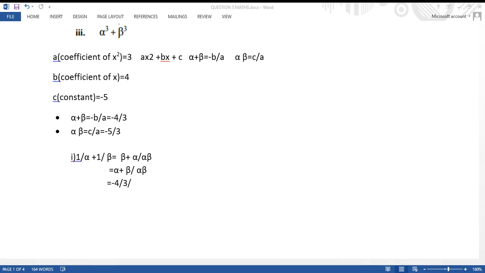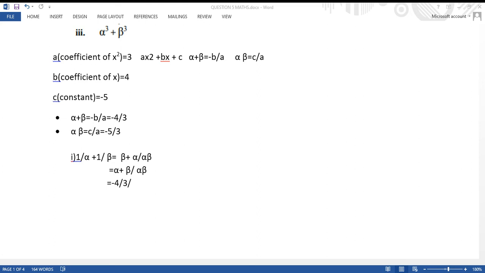All right, so we have negative 4 over 3 divided by negative 5 over 3. Just rearrange them as you're dividing the fractions. Remember, when you are dividing fractions, the division sign will change.